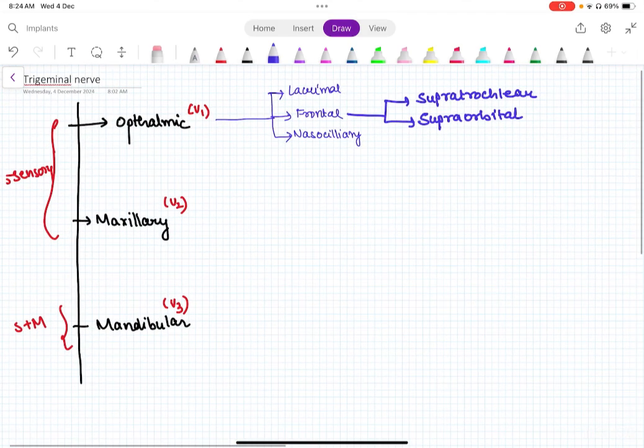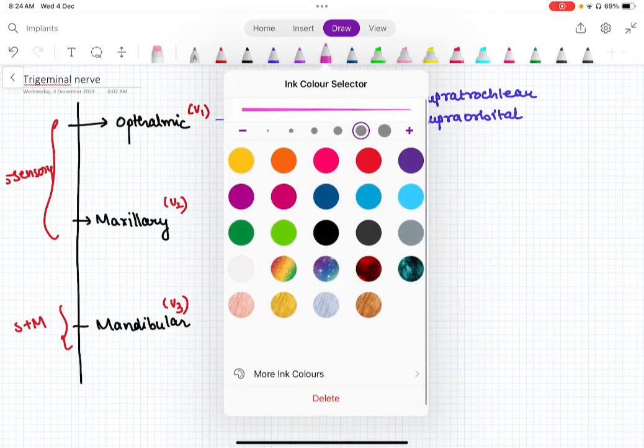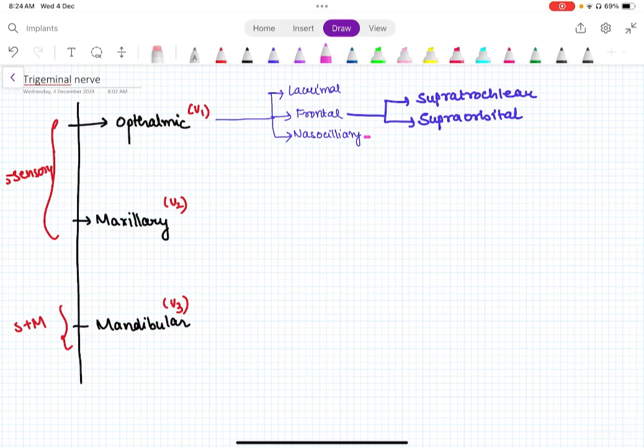Alright, then nasociliary, it has around 5 branches or 4 branches.